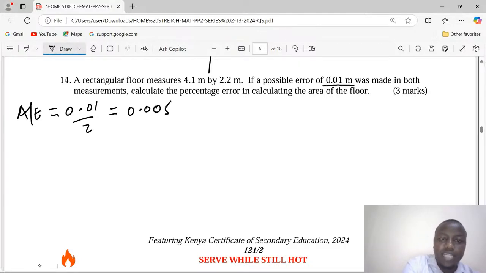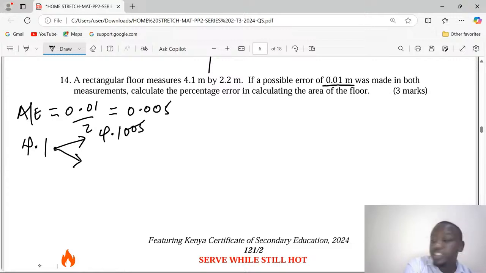So the length, which is 4.1, has an upper limit of 4.105, and when we subtract, the lower limit is 4.095.